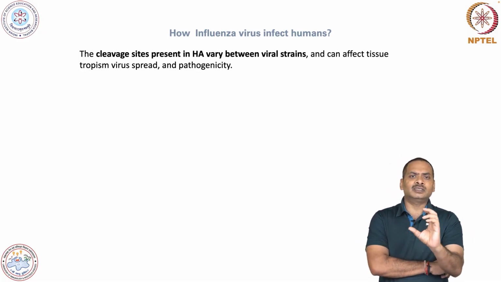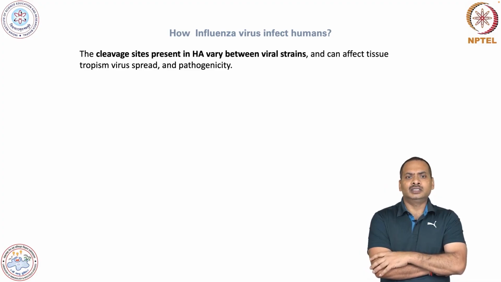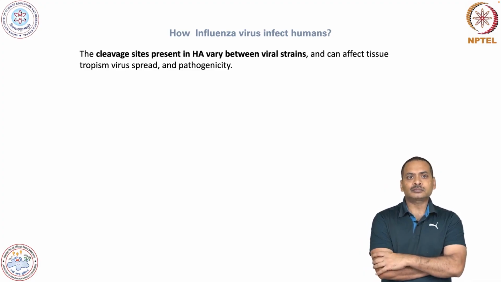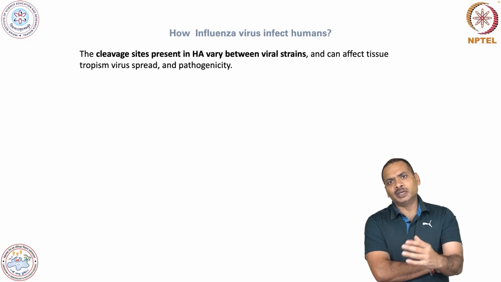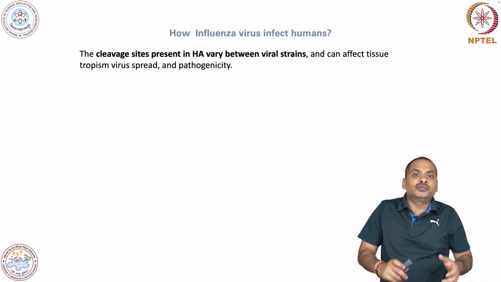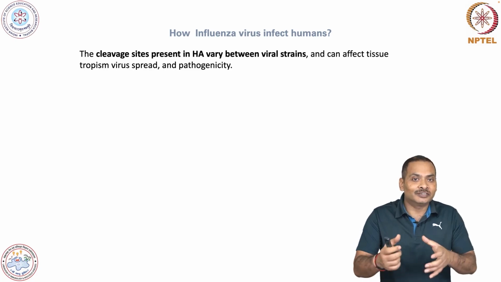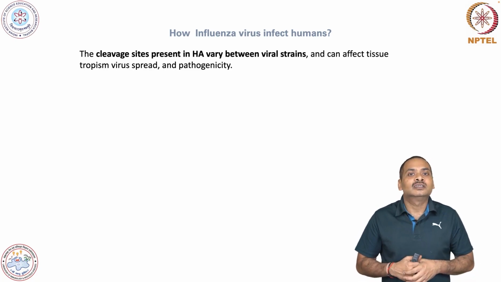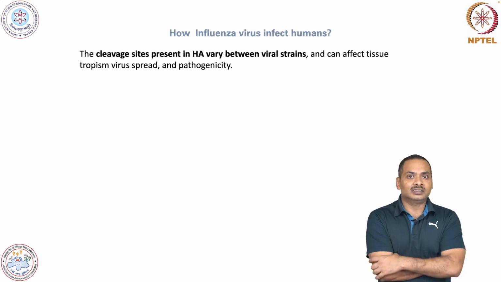All these things basically depend on this HA. So tissue tropism will result in the pathogenicity. If some virus is targeting a very important cell, for example the epithelial lining of the lungs, then that will cause more fatality.